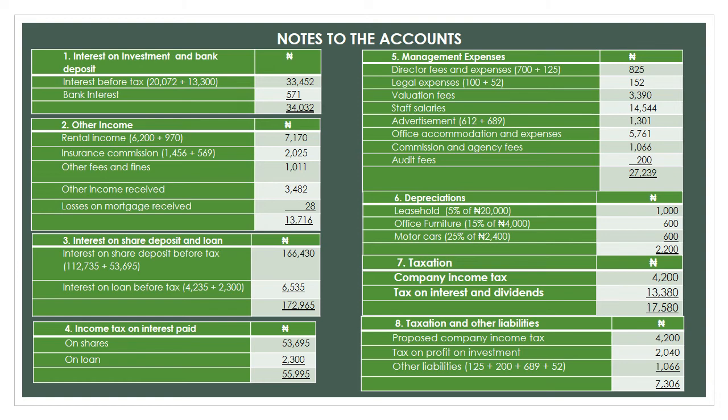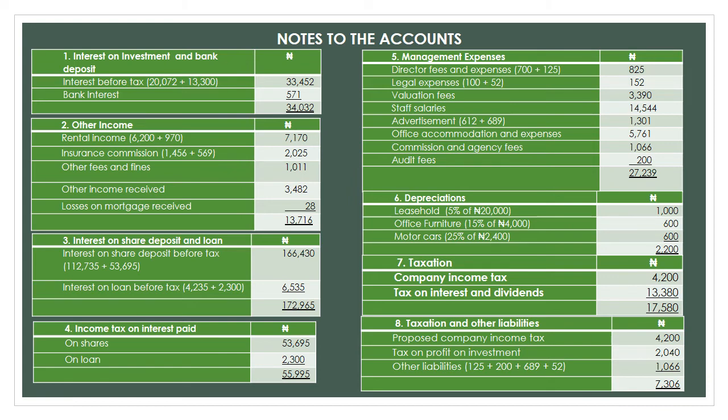Advertisement is 612 paid and 689 unpaid from additional information B. So total of 1,301. Office accommodation and expenses, the total amount paid is 5,761. Commission and agency fee 1,066 naira. Audit fees 200 naira. All these from the trial balance direct. So the total management expenses is 27,239. The next item is depreciation.